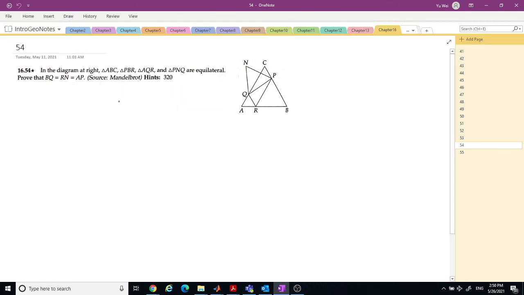Next. So next, in the diagram, let me draw it.